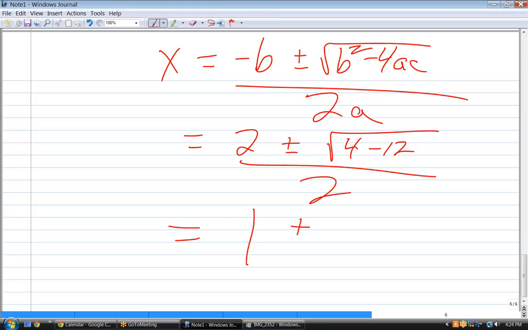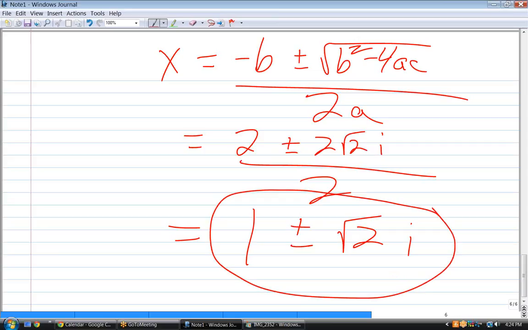It's 1 plus or minus root 2 i. In other words, this converts to, that becomes negative 8. You're right, that becomes 2 root 2 i. Then I divide top and bottom by 2 to get this.